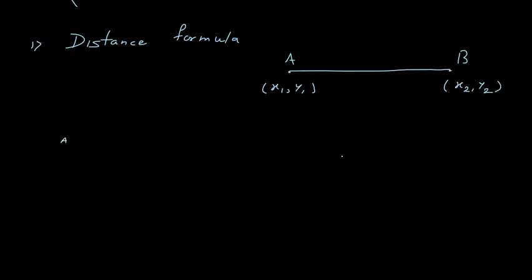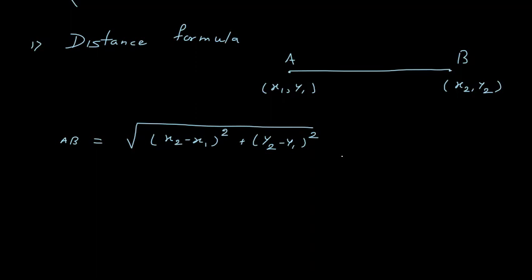Then distance AB by the distance formula will be root of (x2 minus x1) the whole square plus (y2 minus y1) the whole square. Okay, this is AB.